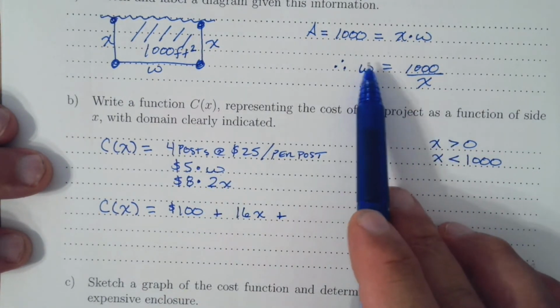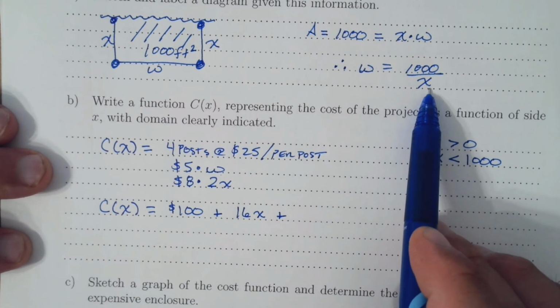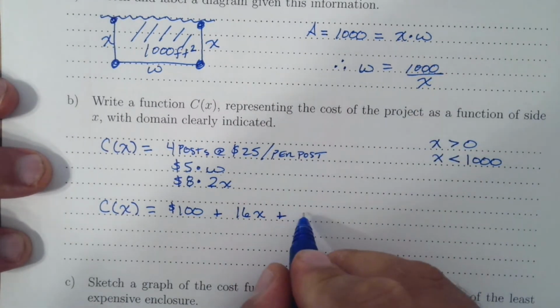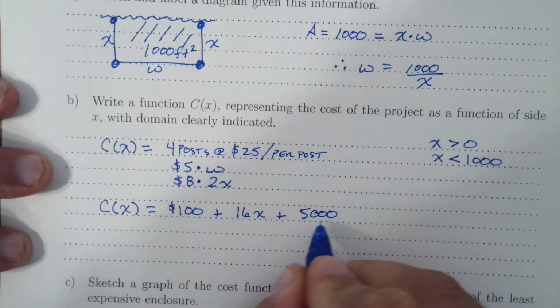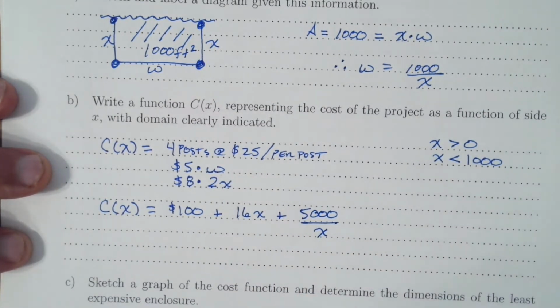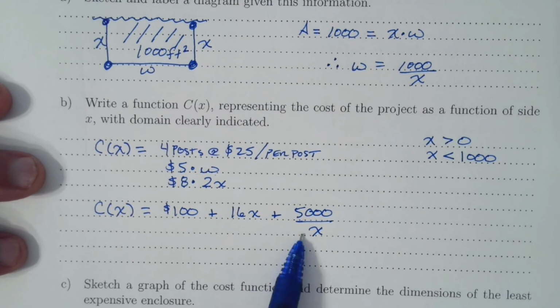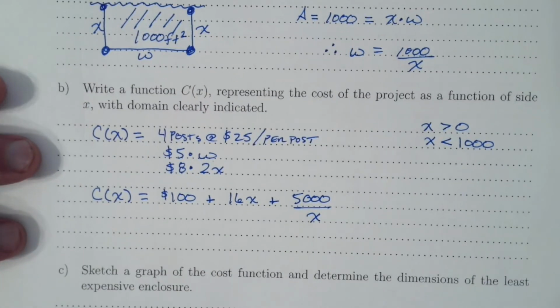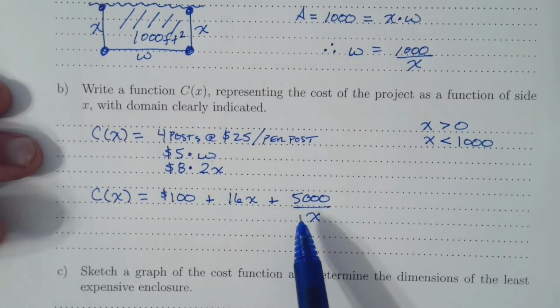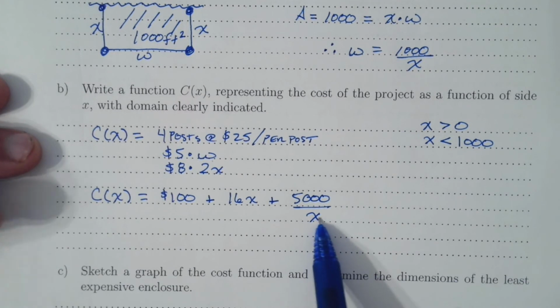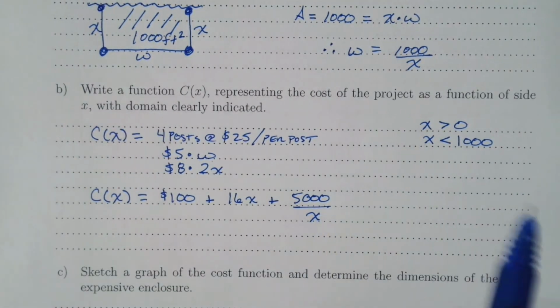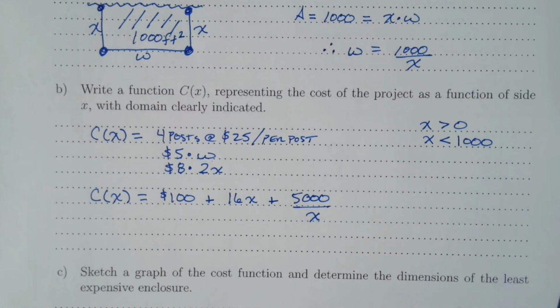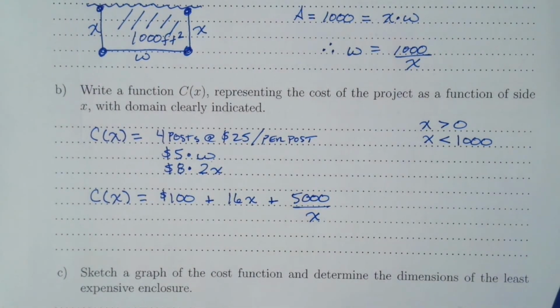And W is equal to 1,000 over x, so this is going to be then plus 5,000 over x. And so now I have my cost equation as a function of x, okay? Now, in terms of the domain, right, we'll know that x isn't going to be 0. We know x needs to be positive, right?